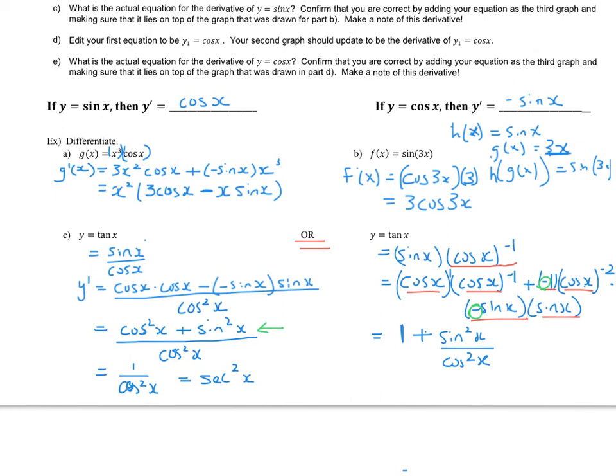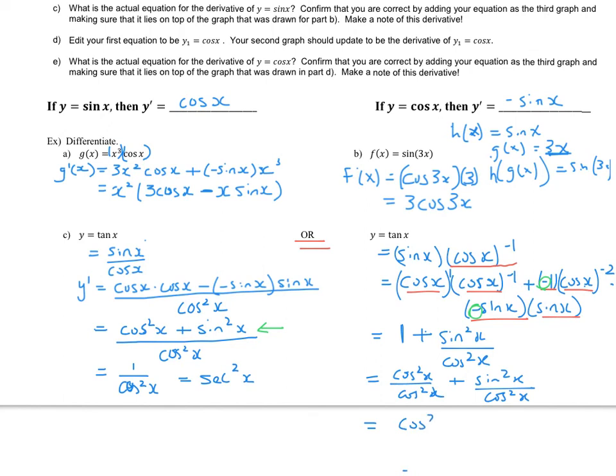Okay, and a couple different ways we could write that. We could get common denominators. That's probably what I will do on this one. There are tan properties that go with this, but common denominator makes sense. I could write that as cos squared x divided by cos squared x plus sine squared x divided by cos squared x. I think you can hopefully see where we're going with this.